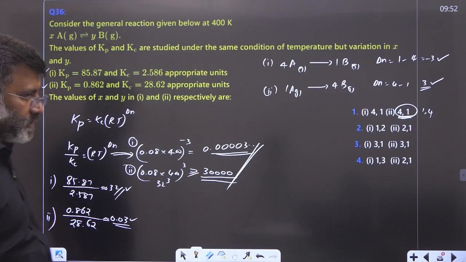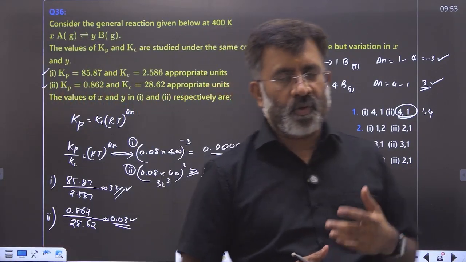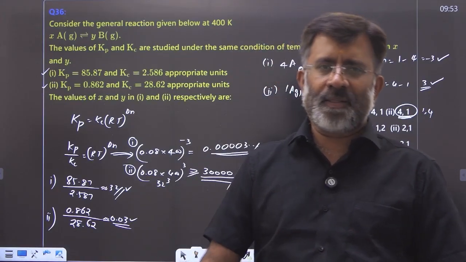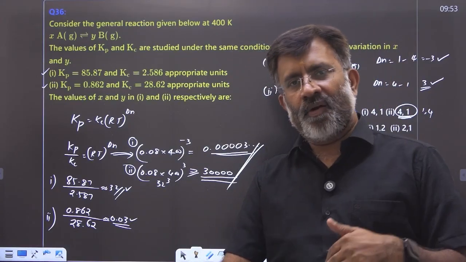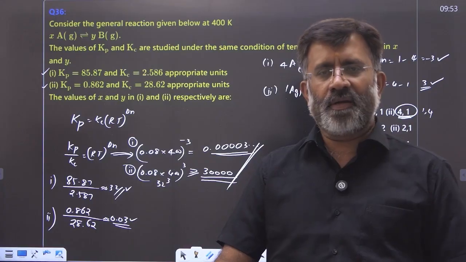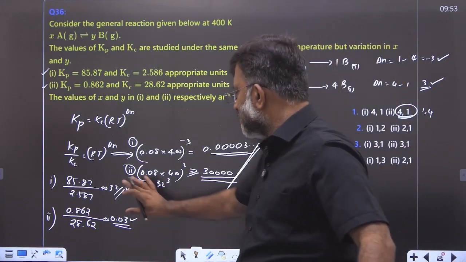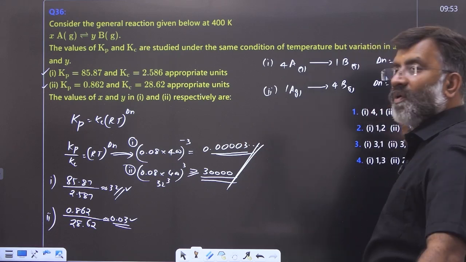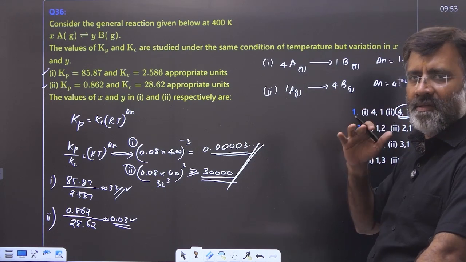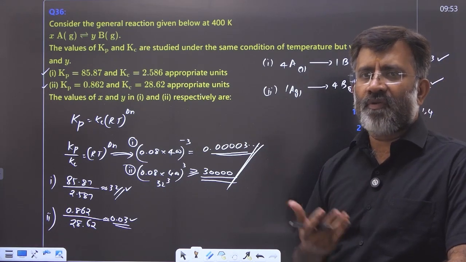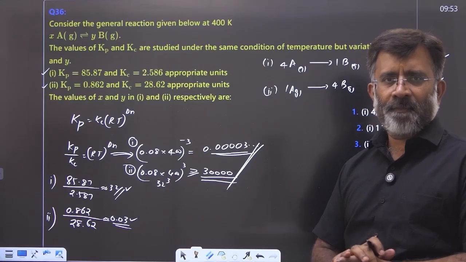When you take the first one, Kp by Kc, you are getting nearly 32, 33 range. For the second one, Kp by Kc, you are getting nearly 0.03. That means this is not matching with the 4-1 values. Maybe the choice with 4114 values is not matching. Okay.